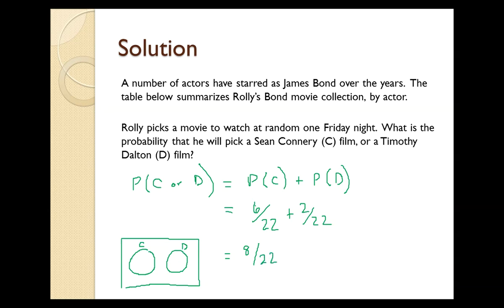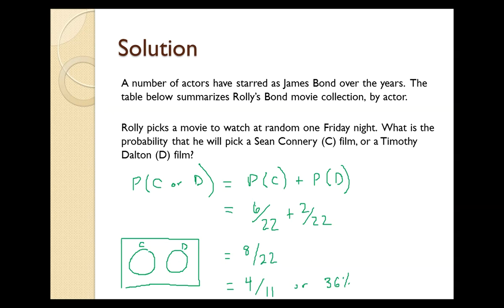That's the chance of getting a movie that's either Sean Connery or Timothy Dalton. If you'd like, you can reduce that to the lowest terms, 4 out of 11, or get that as a probability or percentage. Works out to about 0.36 or about 36%, roughly. Not exactly, but roughly.